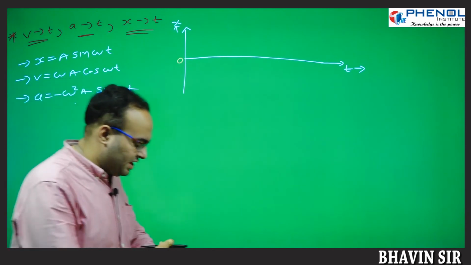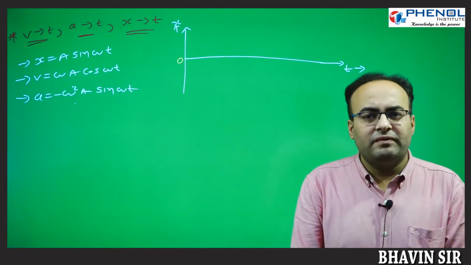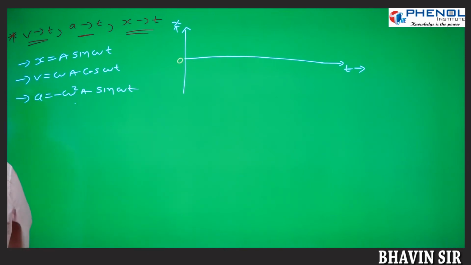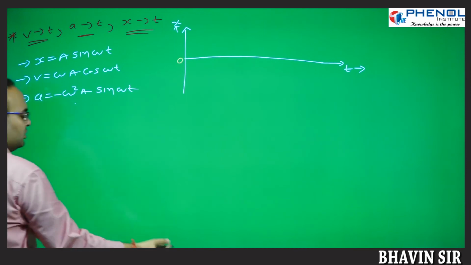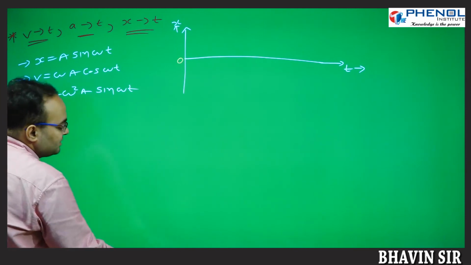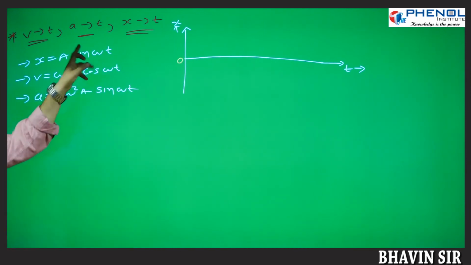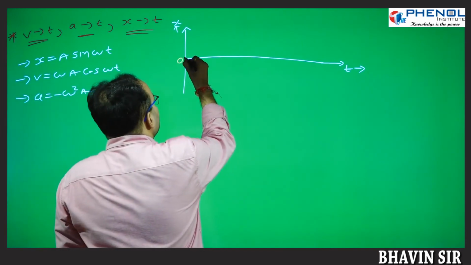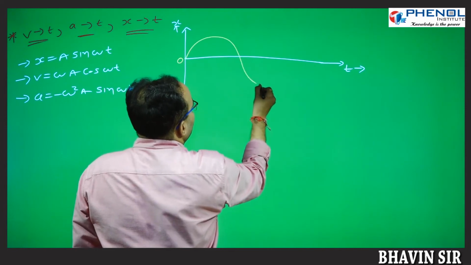X equals A sin omega t. So this graph starts from 0, because sin 0 is 0. So it is here, 0.